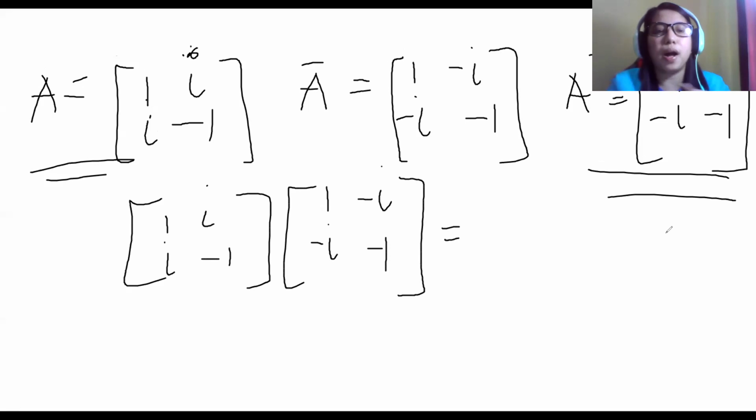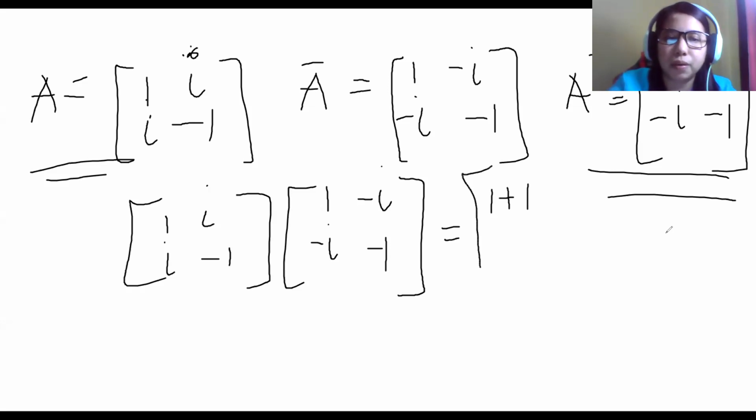Okay. So 1 times 1, so the usual method, the dot product, 1 times 1 is 1, i minus i multiplied by i is negative i squared, so plus 1.